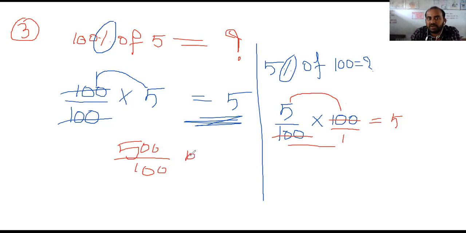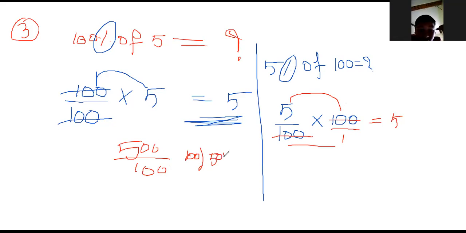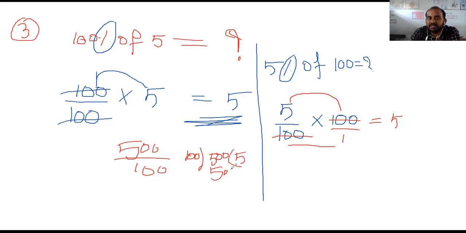In the division method, 500 divided by 100. In the 100 table, 100 fives are 500. Your remainder is 0 and your answer is 5. Any method you use, the answer is 5. I don't know where you are making the mistakes.